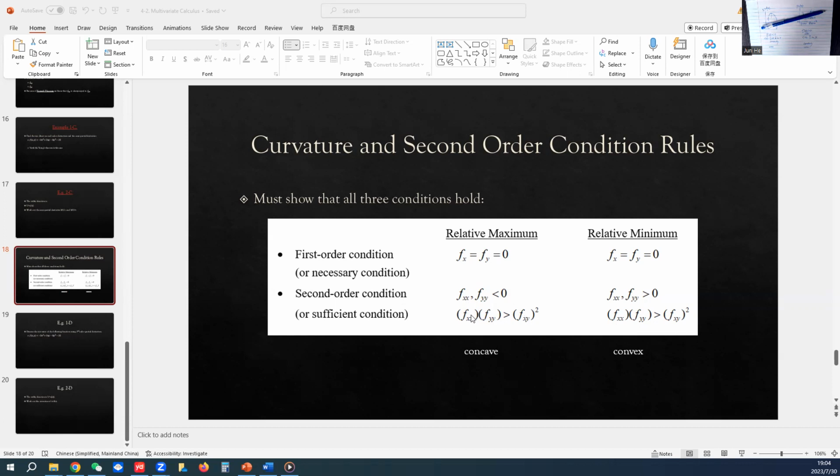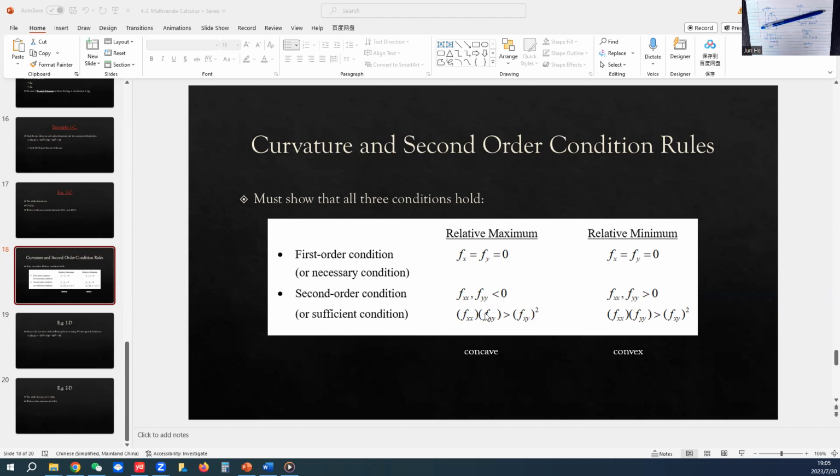You can think about this being f_xx times f_yy greater than f_xy times f_yx. And since f_xy and f_yx are of the same value, we simply simplify this and put it as a square. So basically, that is to say the multiplication of two direct second derivatives should be greater than the multiplication of two cross derivatives.